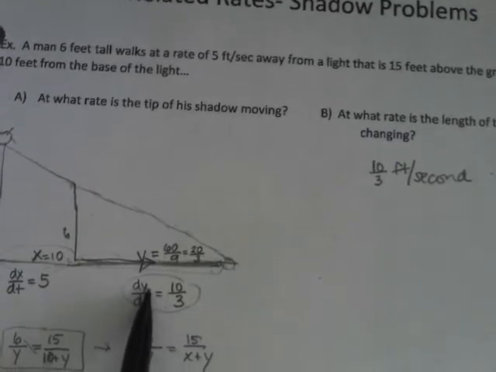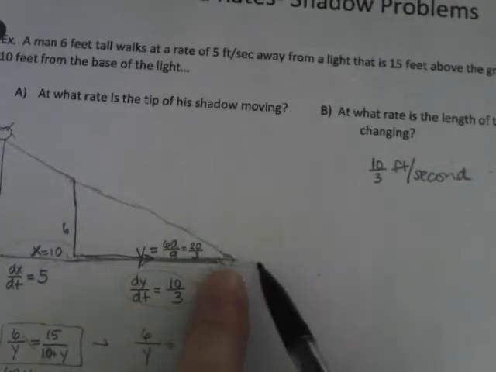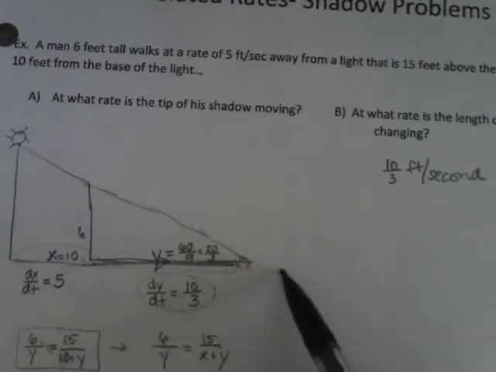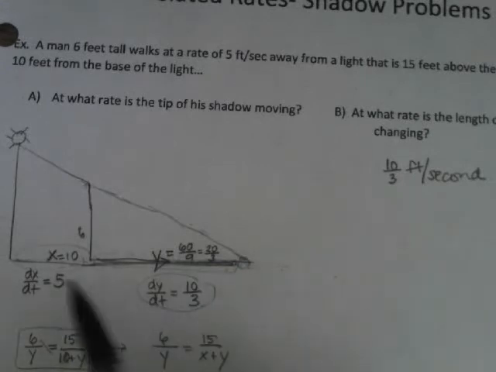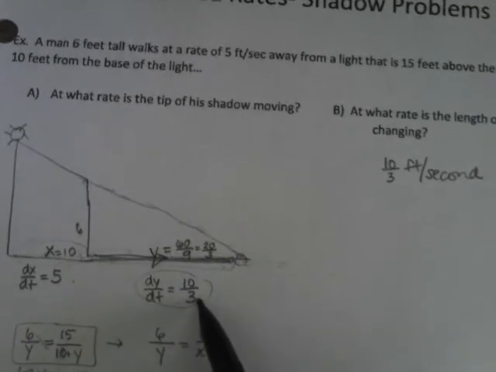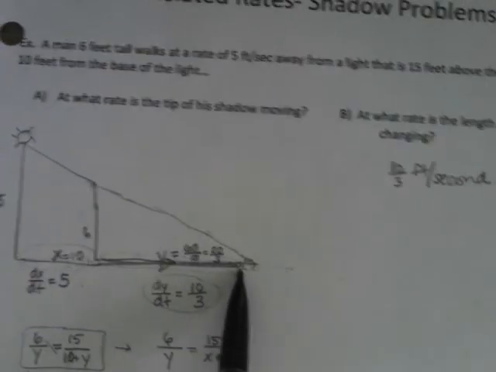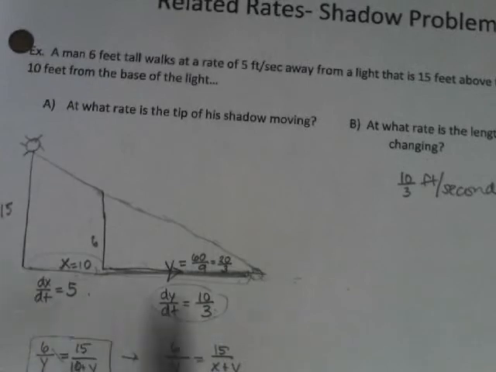So the tip of the shadow is actually moving double. It's moving once strictly due to the fact that the guy's walking, and a second because the shadow is growing as he's walking. So it's kind of a double whammy on how fast the tip of the shadow is moving, and for that we would just add these two together.